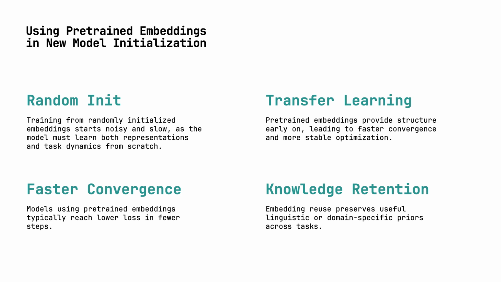For example, a linear projection layer can align vectors from the source embedding space to the target space. If dimensionality reduction is needed, techniques like principal component analysis or learned compression layers can shrink vectors while preserving most of their semantic capacity. These alignment and compression methods allow embeddings to be adapted for smaller models or specialized domains without losing critical structural information.